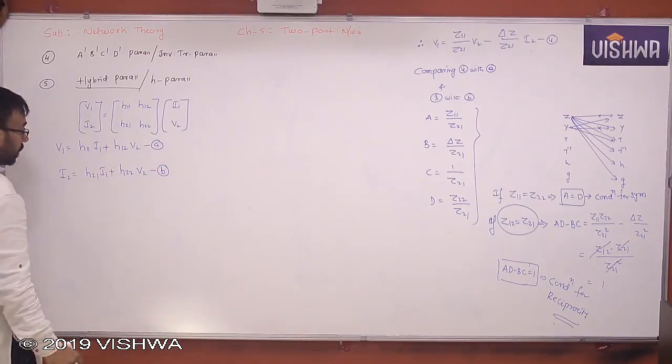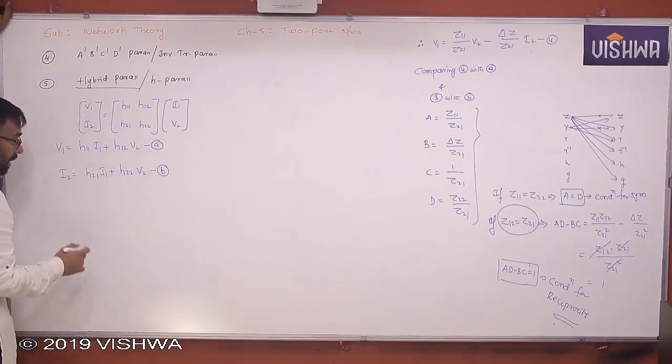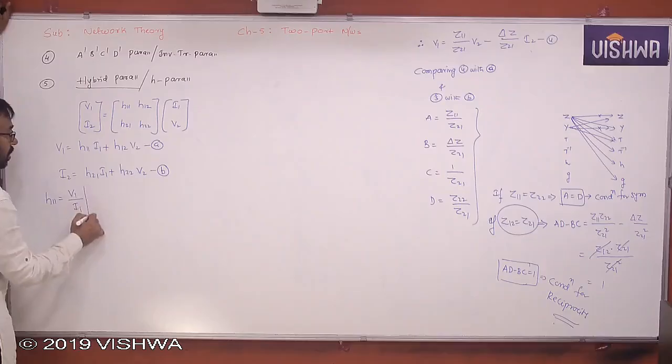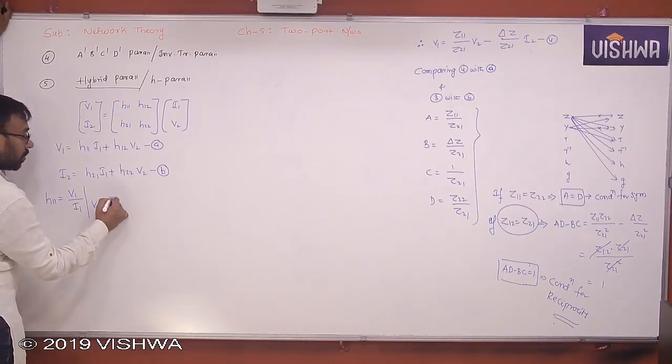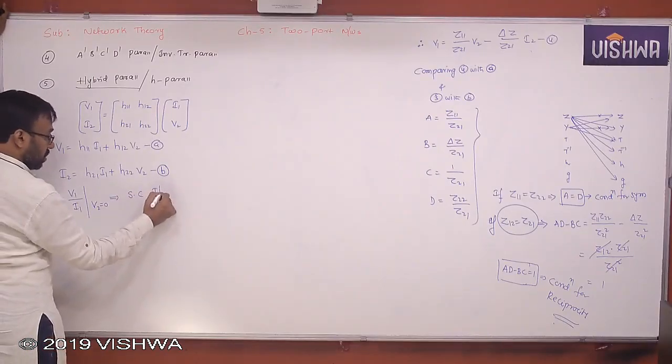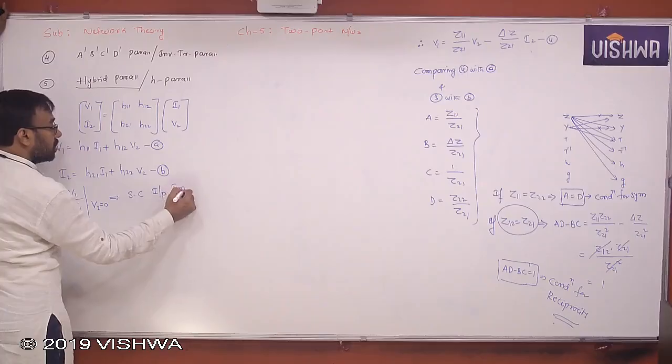You understand? Okay. So how do you define it now? The parameters can be defined. H11 is equal to V1 by I1 when V2 is 0. You call it short circuit input impedance.